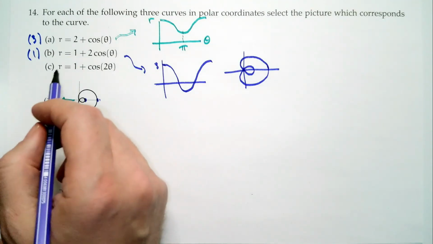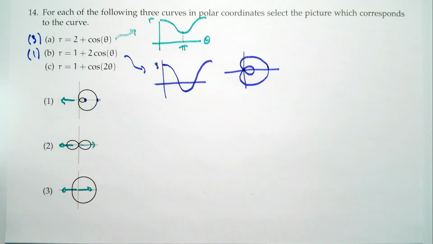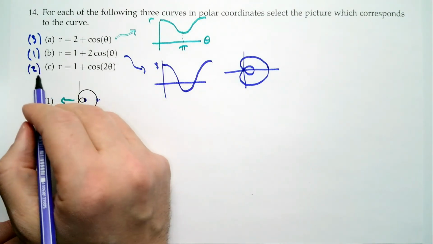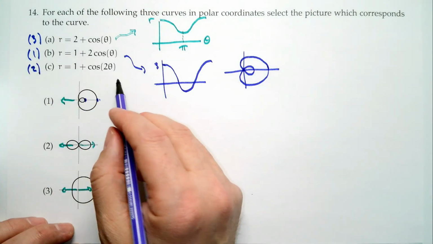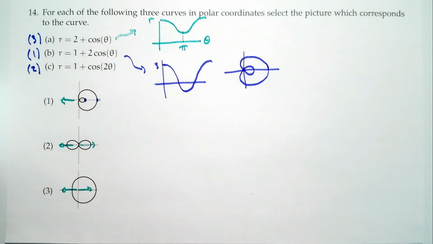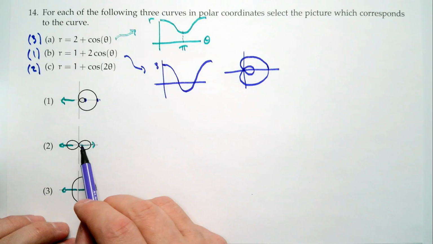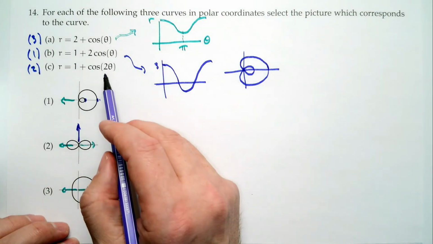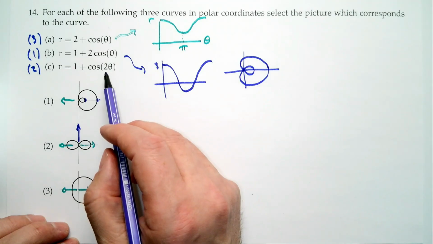All right, last one. C, 1 plus cosine 2 theta. We're probably going to guess 2, right? Yeah. Let's put 2 in, but let's see if we can convince ourselves that it should be 2. Well, what are some things we should be checking? Well, yeah, let's check where we are at various angles. For instance, where are we at pi over 2? If we plug in pi over 2 here, what do we get?